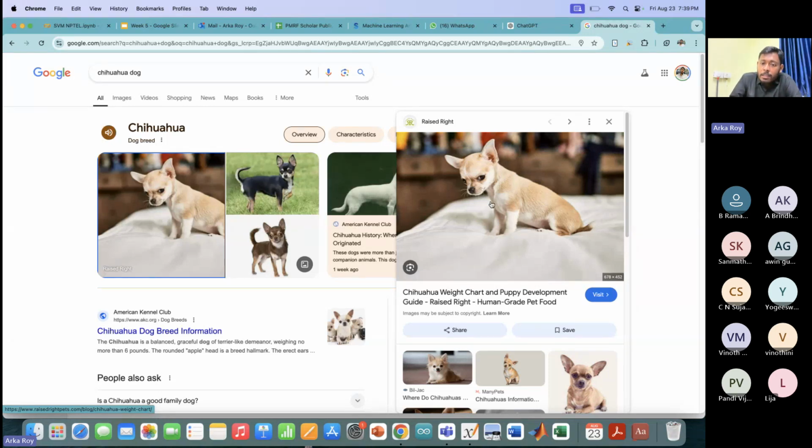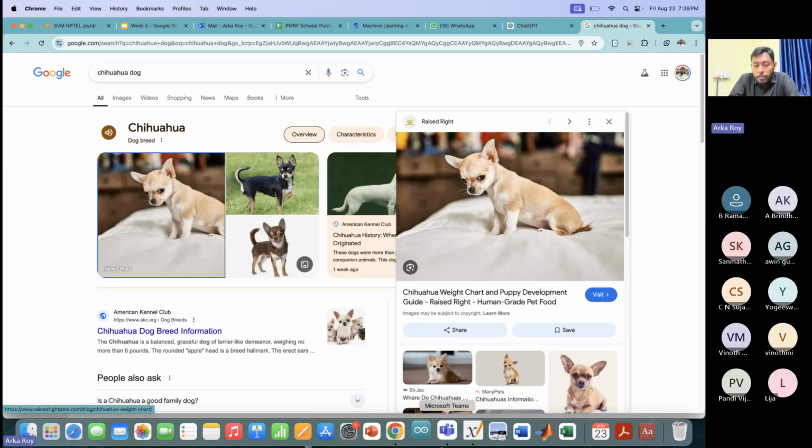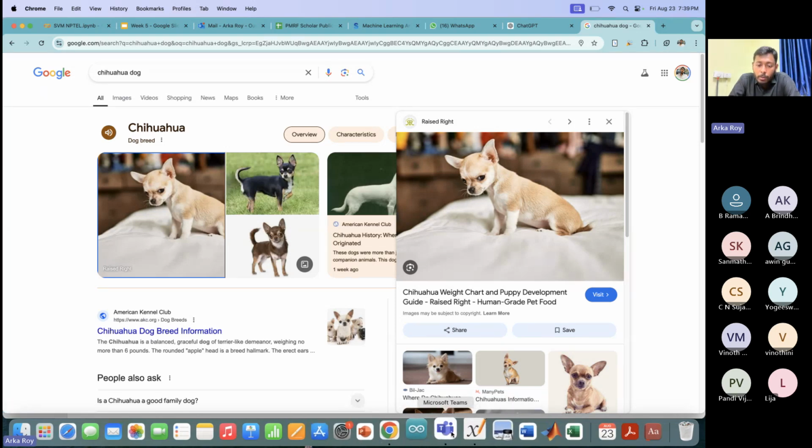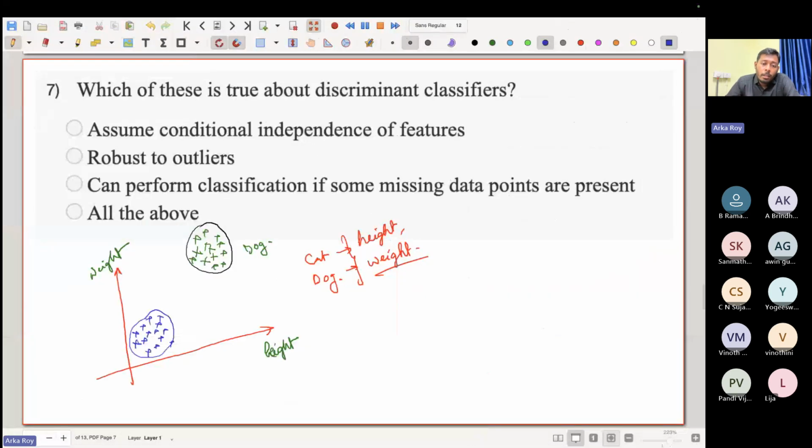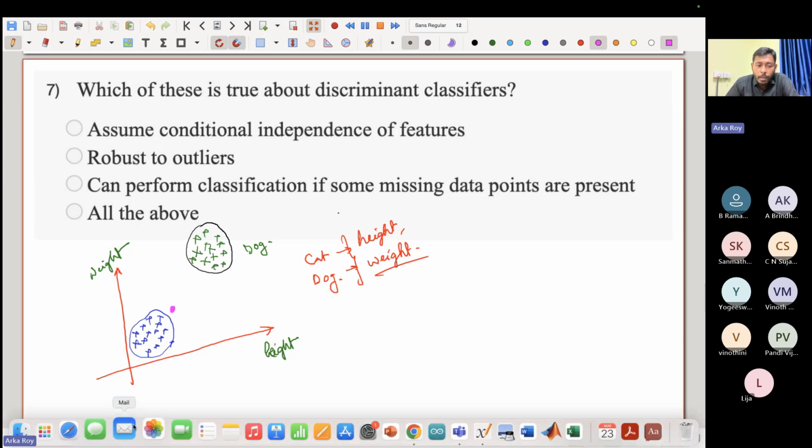You can see that the Chihuahua dog is quite small in dimension, the same as the size of a cat. So if you take the data from the Chihuahua class, even though it is a dog, its value of height and weight might come over here.